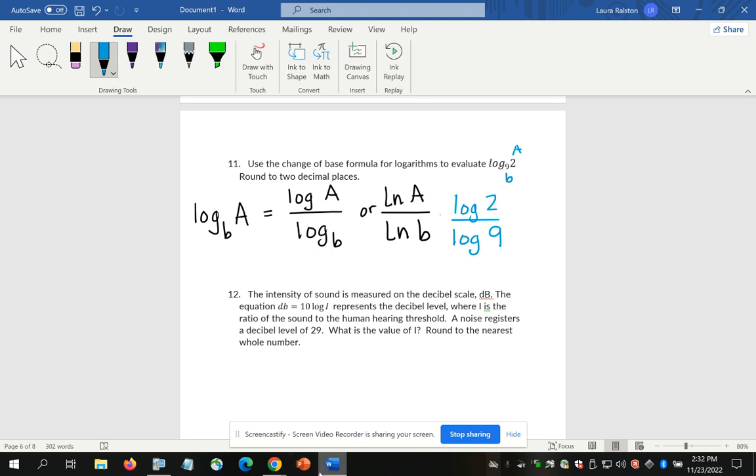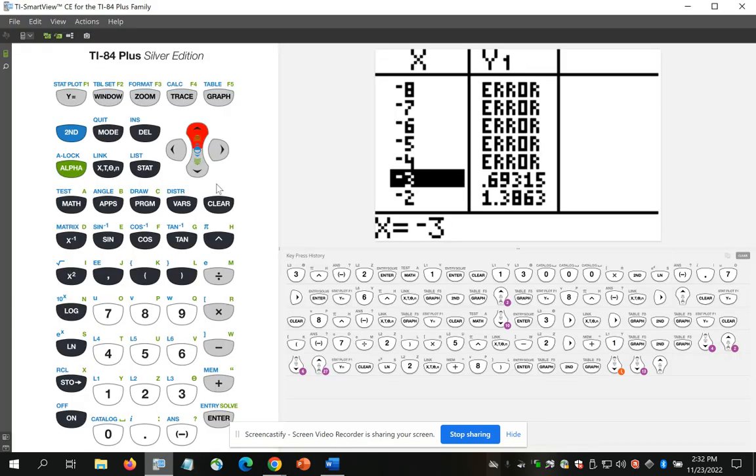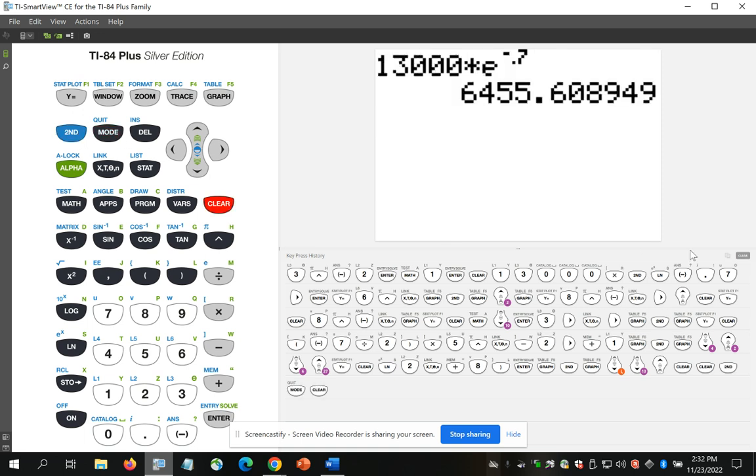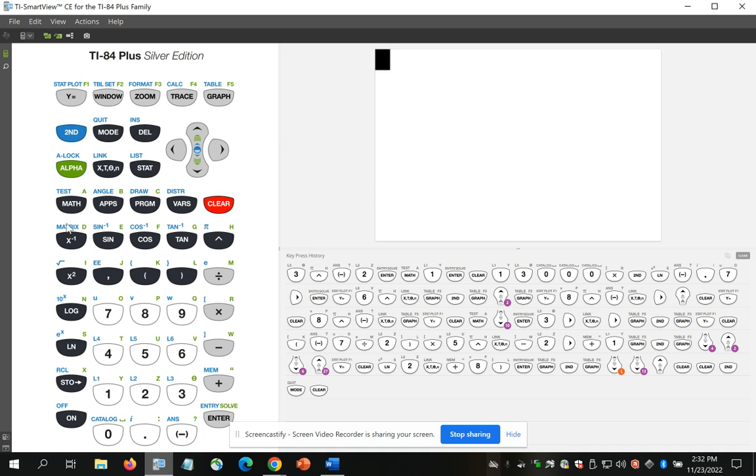Now, guys, you have to be careful entering that into your calculator. Okay, so let me show you how to do that. So we would have log of 2. Make sure you close the parenthesis for the 2. Then divide by log of 9 and close its parentheses.